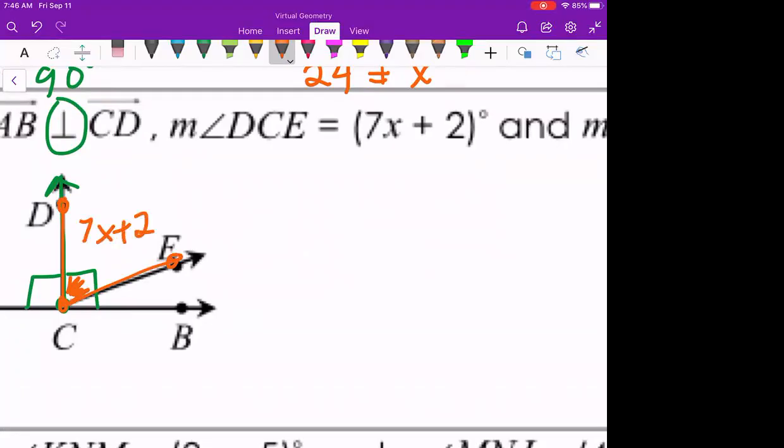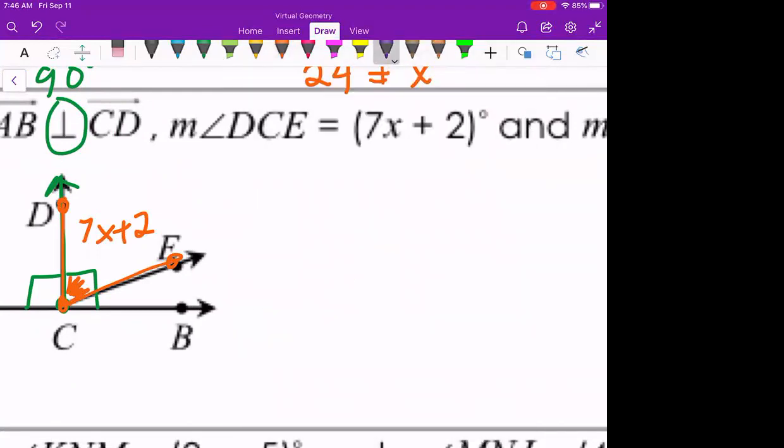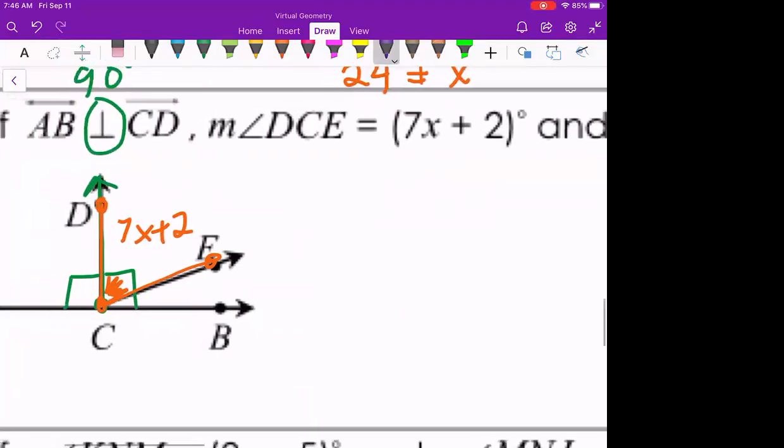And the measure of angle ECB, so E to C to B, that's this other space, is x plus 8. Notice those two spaces complete that 90 degrees.